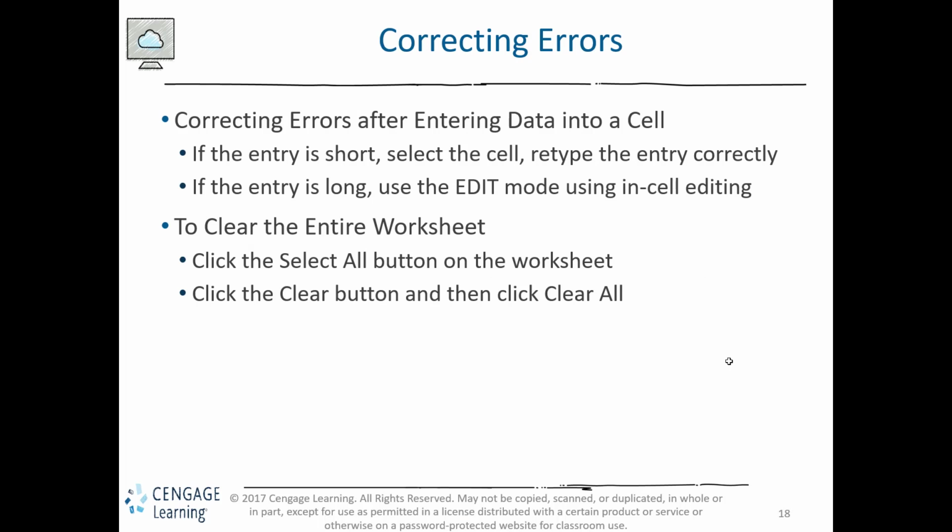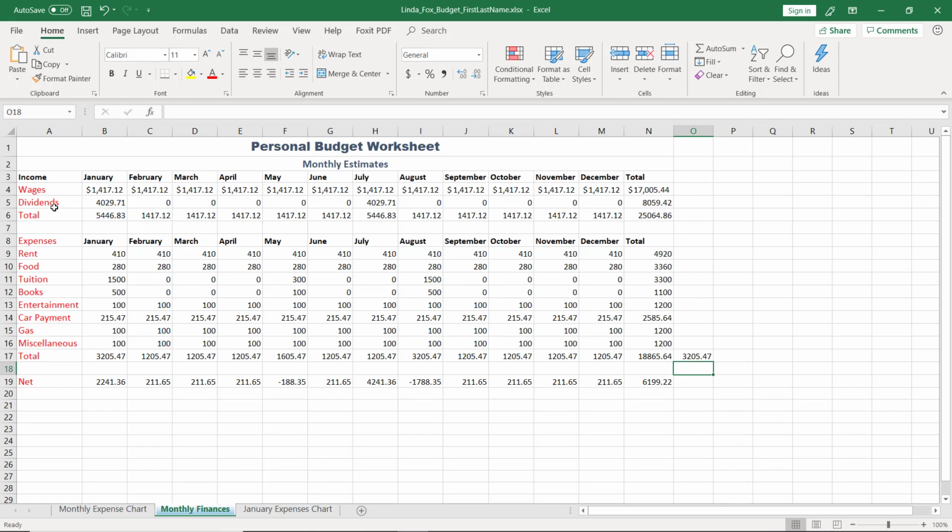Correcting errors, this is, I think, probably self-explanatory, but if you start typing something into a cell and it doesn't come out the way you want it to be, you can go back in, double-click to edit it, and then you can say, maybe I didn't want an S on the end of dividends, I just want dividend. I just edit it as I please and hit enter, and then it commits the new value into the cell.